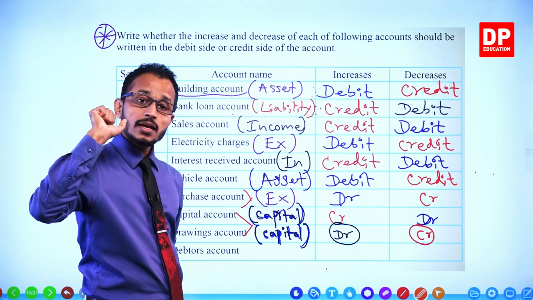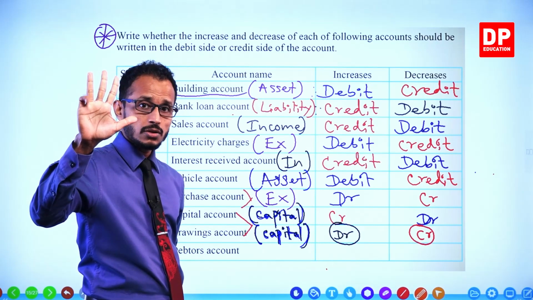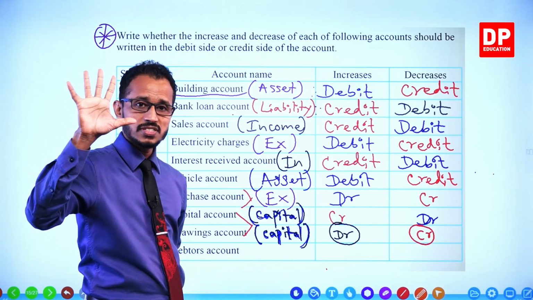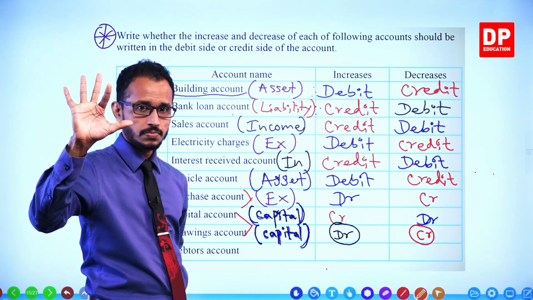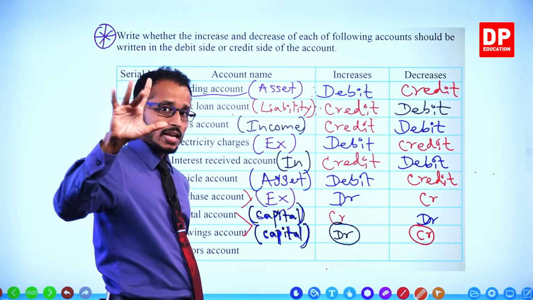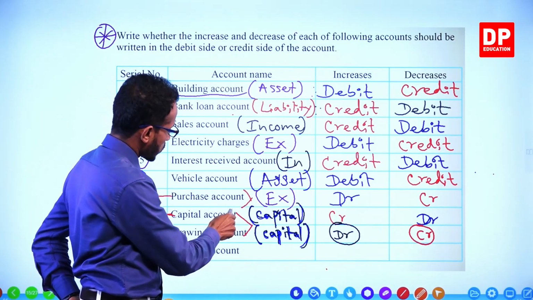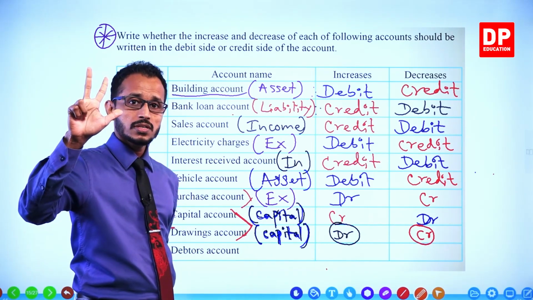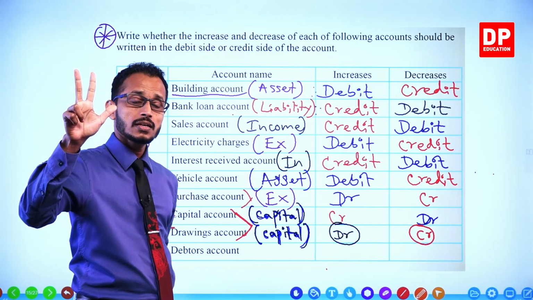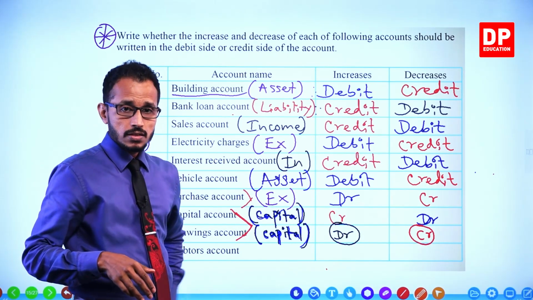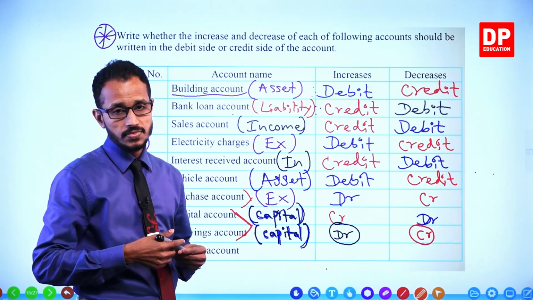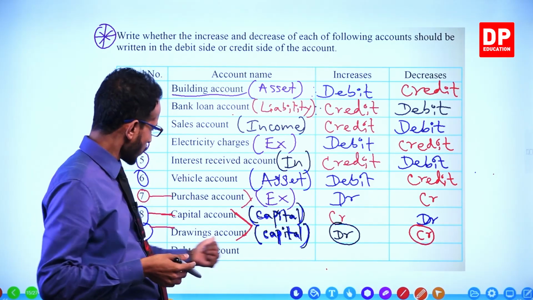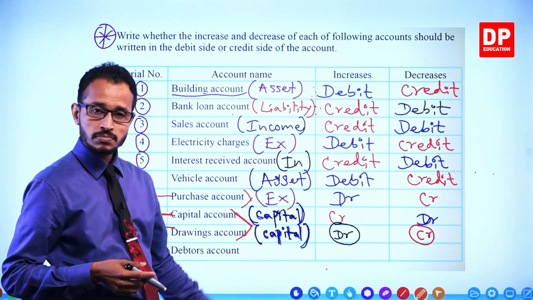And that's right. Assets, liabilities, capital, incomes and expenses. These are the 5 types of accounts. Out of these 5 types, capital account is a capital account. Drawings account is also a capital account.